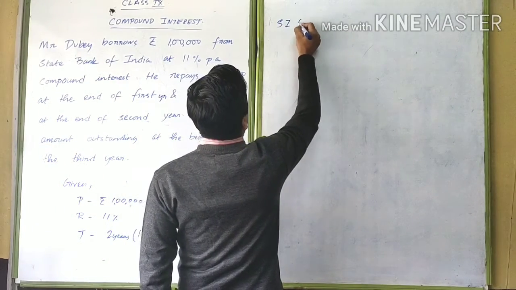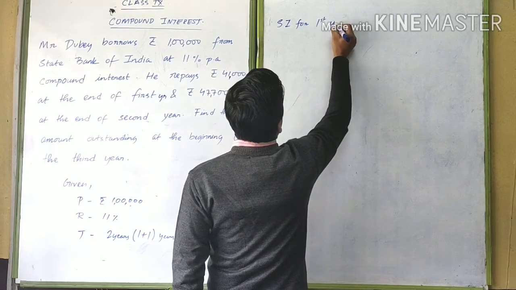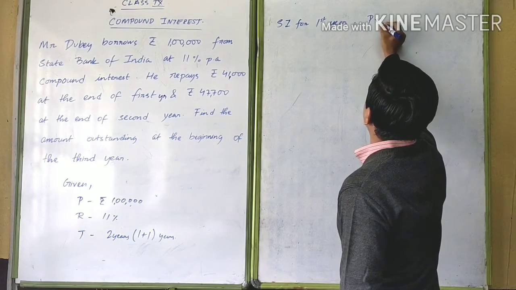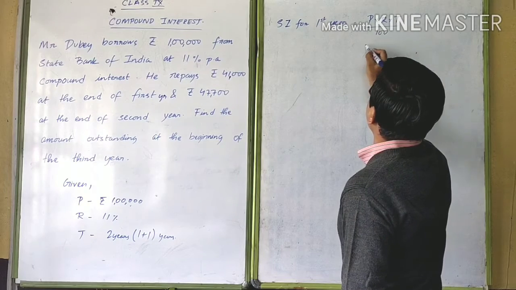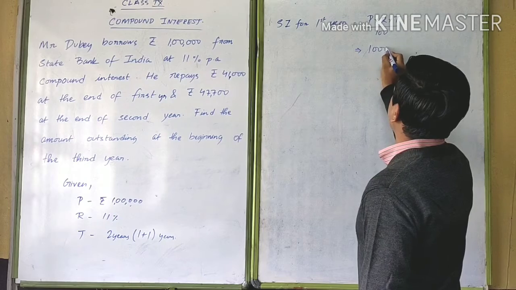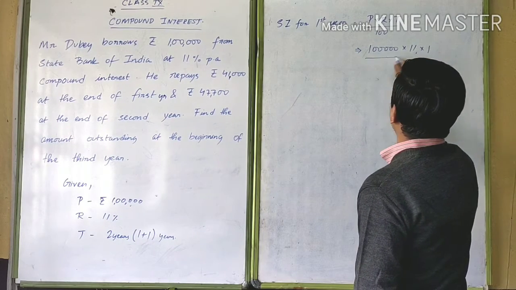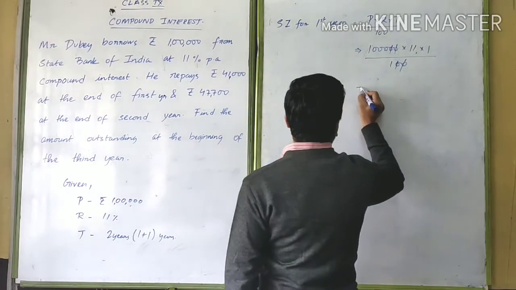SI for first year, we know the formula, P into R into T by 100. My P is 1 lakh. The rate is 11%. Time will be 1 year. 0 and 0 gets cancelled.